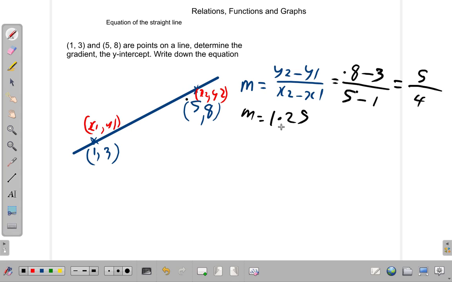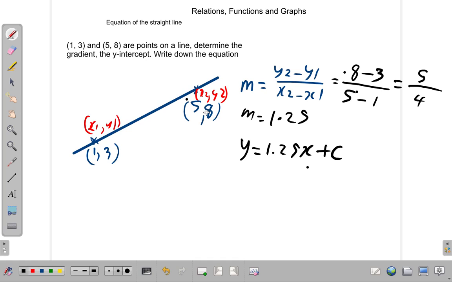Now the next thing we want is the y-intercept, because we can write part of the equation here by saying y equals 1.25x plus c. We need c. So how do you do that now?